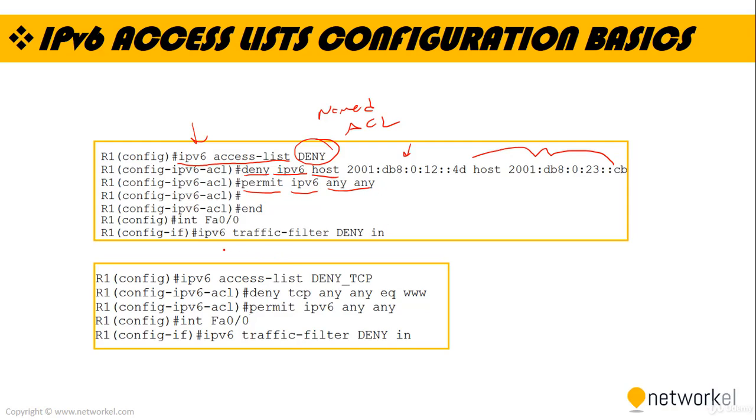To apply this ACL to our interface, we are using the ipv6 traffic-filter command instead of the ip access-group command used in IPv4 ACLs.